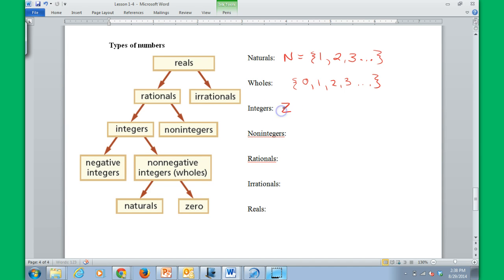And you know, this is weird. I don't know why Z is the symbol for integer, but it is. An integer is, I'm going to say dot, dot, dot, because it can go down forever. -2, -1, 0, 1, 2, and then it goes up forever. So it's whole numbers, but they can be positive or negative, and it includes 0.